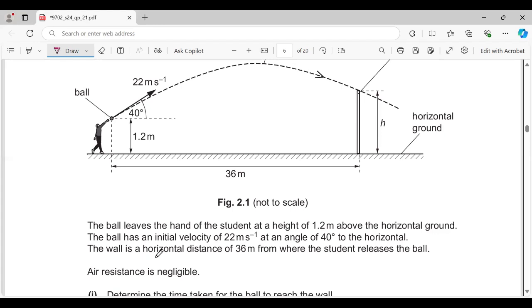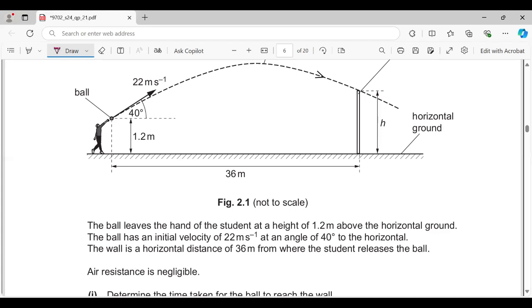The wall is a horizontal distance of 36 meters, so from this initial point to this point, 36 meters from where the student releases the ball.